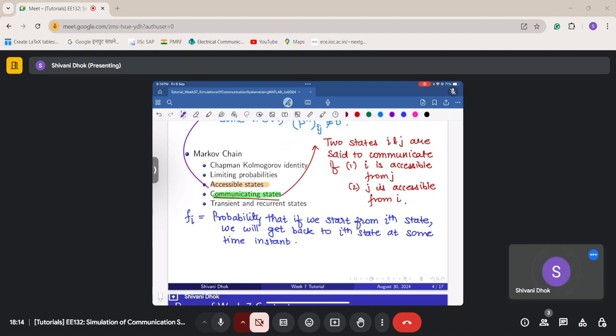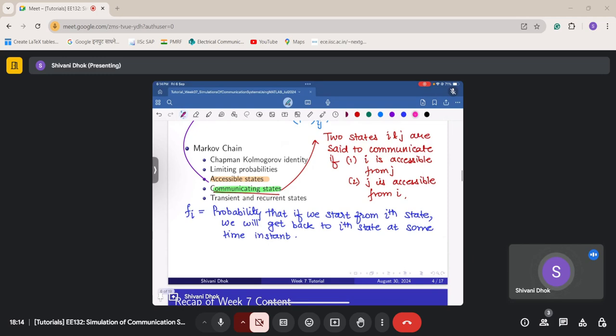Based on the value of this F_i, if F_i is 1, then the ith state is recurrent, and if F_i is less than 1, the ith state is transient.